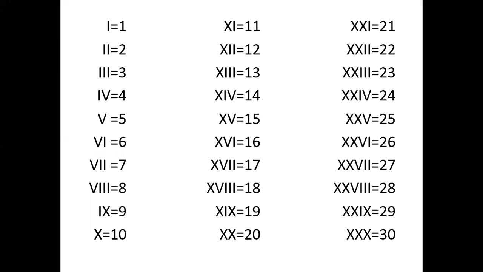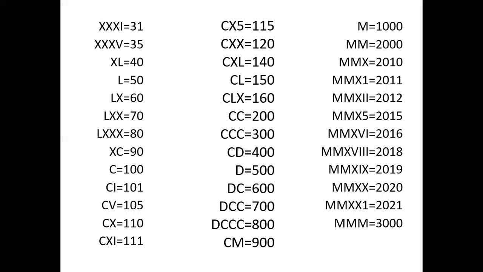So here's a list to review each pattern. They keep adding up and tripling. Perhaps if we want to go to 31, we will add X plus X plus X plus I. It will be 10 plus 10 plus 10 plus 1 equals 31.